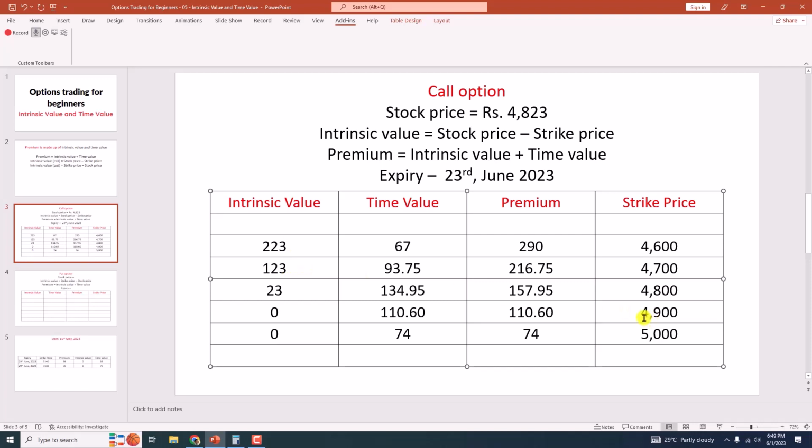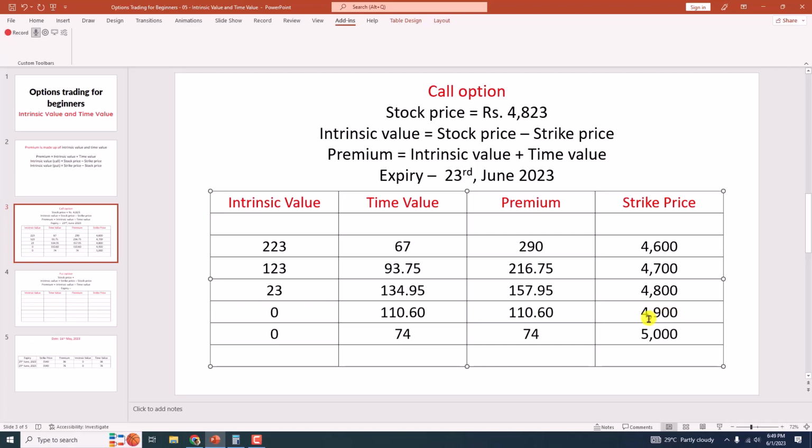Now, let us come to this strike price. Let us say that I buy the 4,900 strike priced option by paying this much premium. When I buy this option, what is my expectation? That the price will go above this. That is why I have bought an out of the money option.